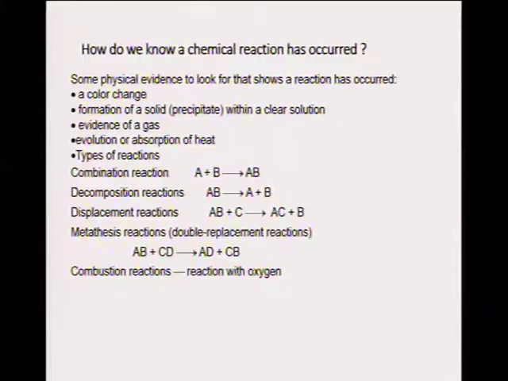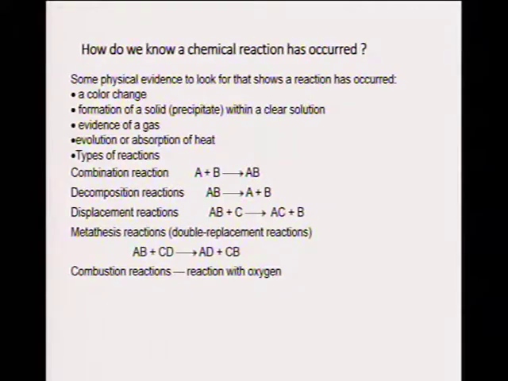How do we know when a chemical reaction has occurred? We can look at physical evidence like a color change. If there's a color change, we know it's a chemical reaction. Was there some solid formed within a clear solution? Is there evidence of a gas being released?